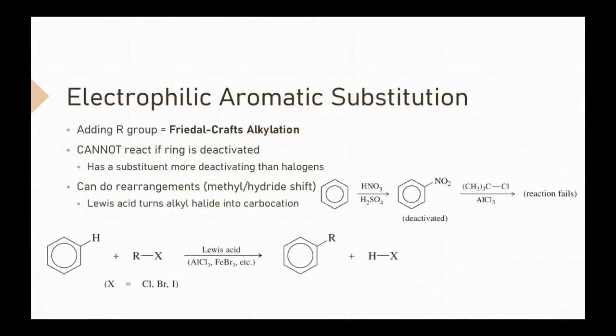So let's see. If you have, for example, a Friedel-Crafts like this, and you want to add that to your ring, when it forms a carbocation, when it turns into an electrophile, your positive charge will be here.